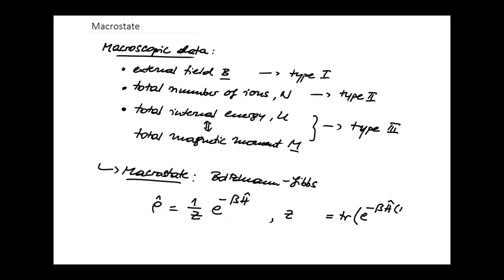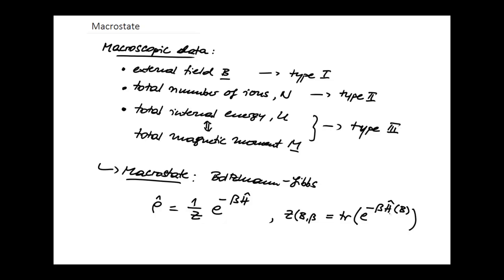And now the Hamiltonian depends on the control parameter, on the external field B. Therefore, the partition function too depends on B. The partition function also depends on beta, the inverse temperature that appears in the exponent. And we are working in the Hilbert space of N ions, or N spins. The magnetic moments correspond to spin 1/2, so we have N spin 1/2.